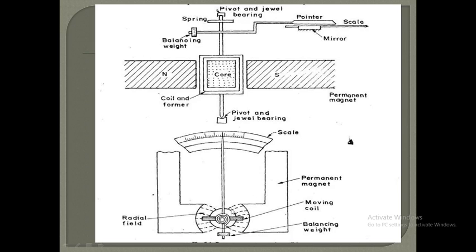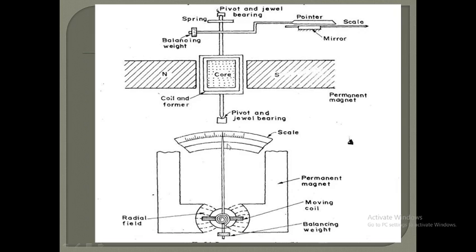When a current carrying conductor is placed in the magnetic field, it experiences a torque. So the pointer, which was at the rest position, immediately deflects from the 0 position to some value, towards the full scale side. Now there is the controlling torque appearing on the opposite side, which is provided with the help of the springs.